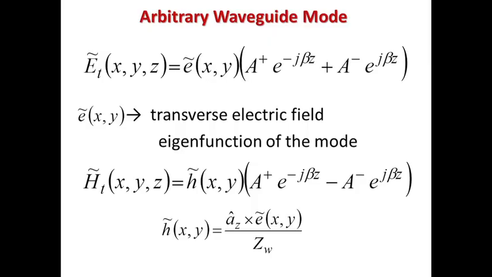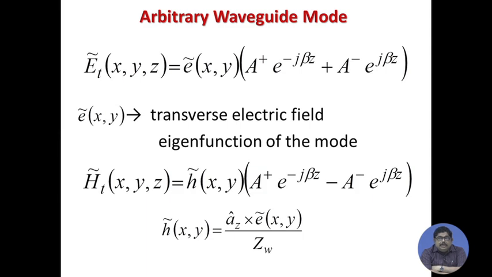So, that is why let us say that an arbitrary waveguide mode, its transverse component of electric field will in general be a function of x, y, z. So, that can be written as the eigenfunction E(x, y) into one positive going wave e to the power minus j beta z, another negative going wave e to the power plus j beta z.